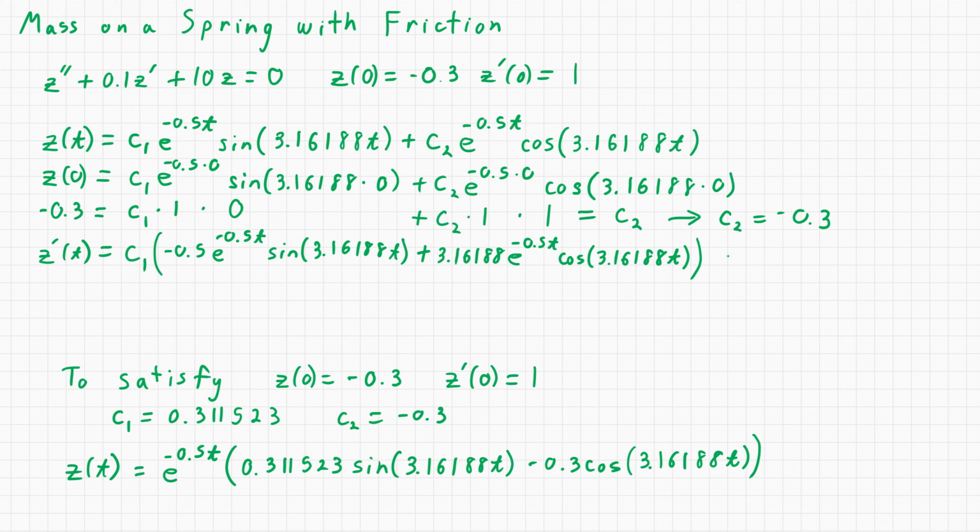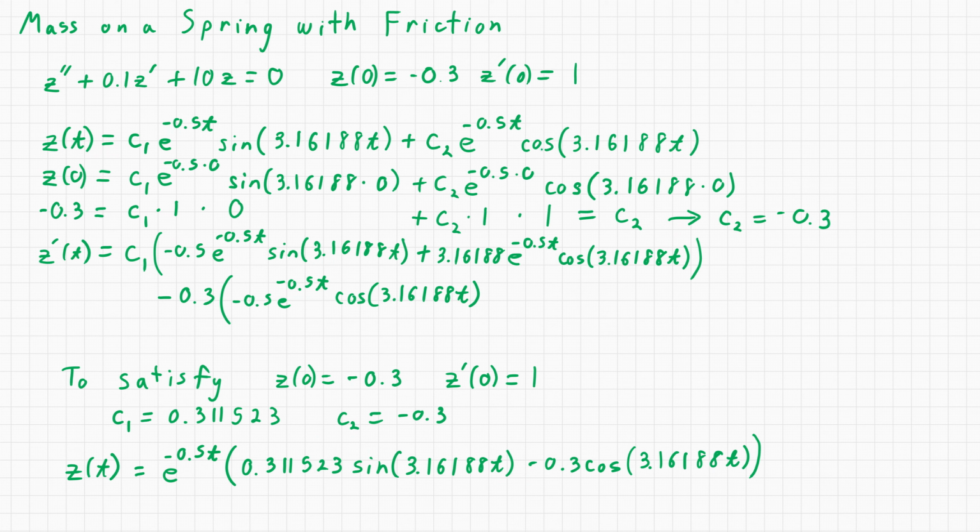And I'm going to have to do this on the next line, minus 0.3, that's the C2 that we solved for previously, and again we have another product rule. So I'm going to do the e first, so I get negative 0.5 e to the negative 0.5t times cosine of 3.16188t, and then I have the cosine, so then I take the derivative the other way, so I have e to the negative 0.5t, that's going to stay in this part of the product rule.